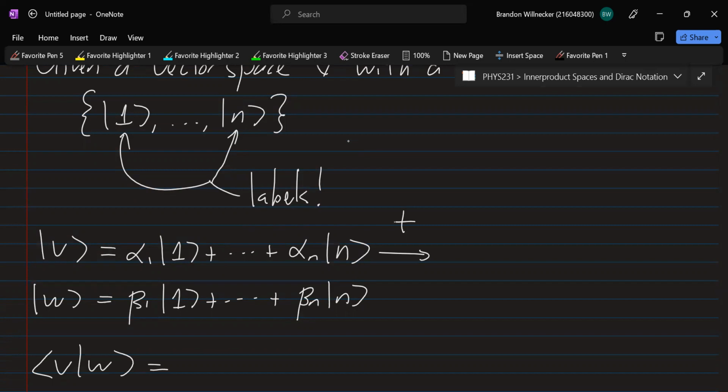The dagger operation was complex conjugate transpose. So all of the basis vectors get turned into bras, and all of the coefficients need to be complex conjugated. So v as a bra would be alpha 1 star <1| up to alpha n star <n|. Sorry, that bracket should be the other way around.